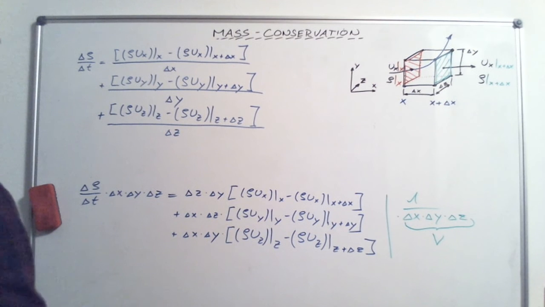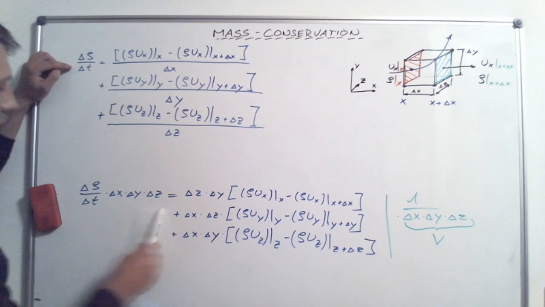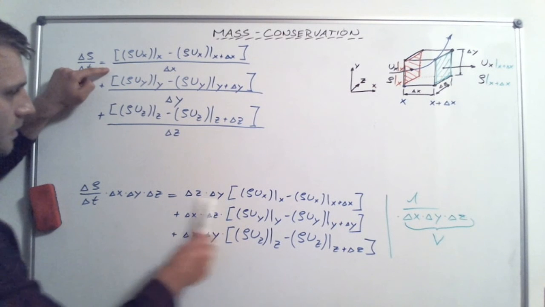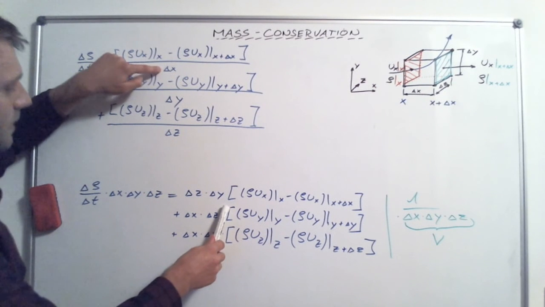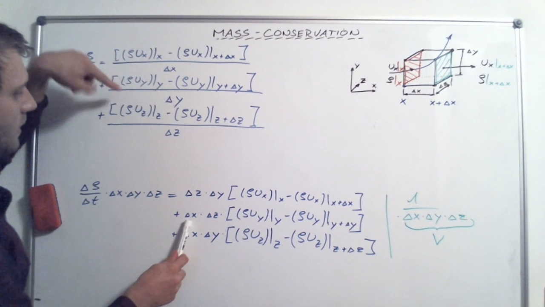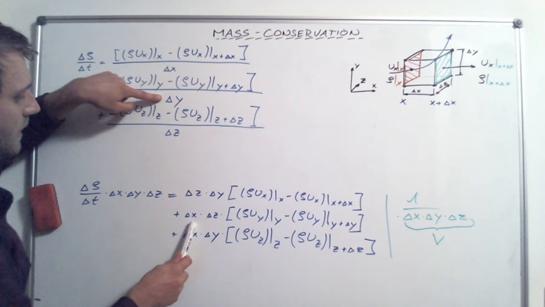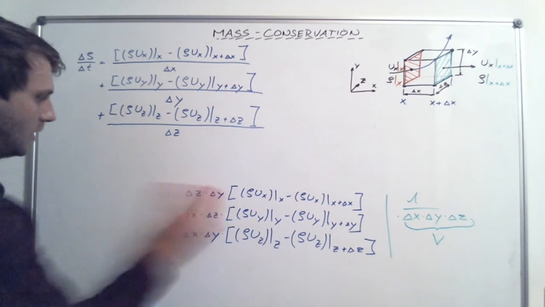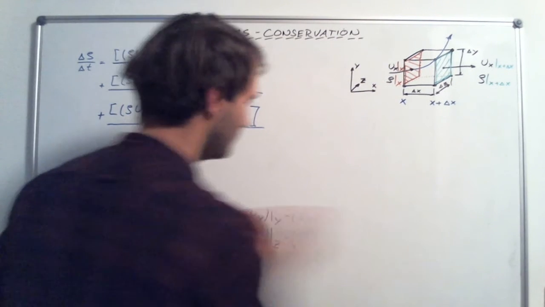So just to make it complete, multiplied by the volume, everything is vanishing, and we end up with 1 over delta x remaining, here 1 over delta y, and here 1 over delta z. So everything is fine here.